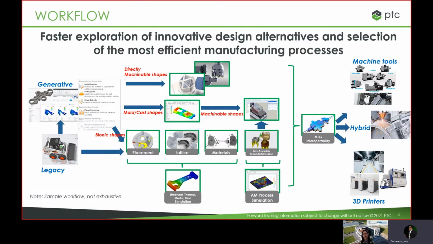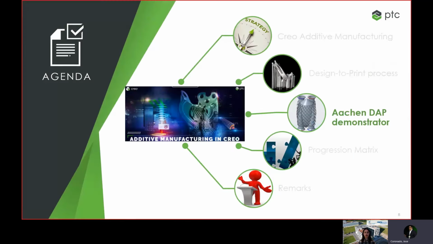So generative design can produce directly machinable shapes, or it can produce bionic shapes, etc. And the interesting thing is that all these processes are complementary, and all of these are supported in Creo. So today we will focus on the additive aspects of these processes.